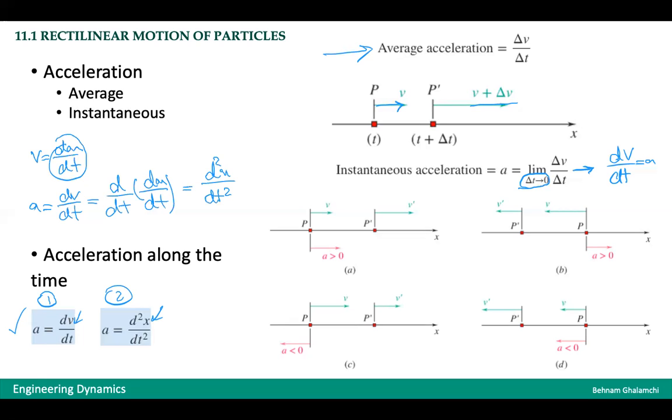There is a third type that I haven't put here because I wanted to discuss it in the lecture. It is this form. Look at this again. a is equal to dv over dt. I want to write it in this form, dv over dx times dx over dt. Can we say that these two forms are exactly the same?